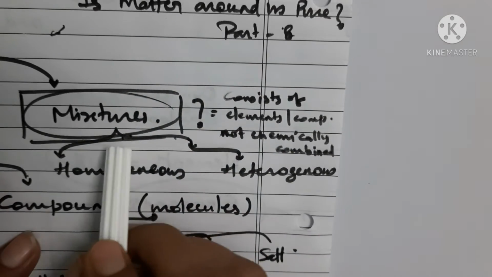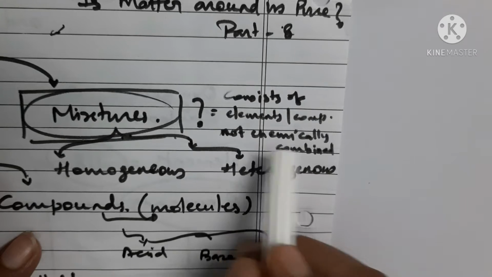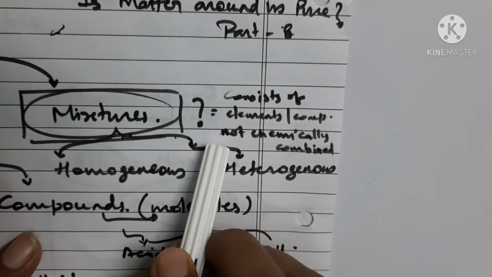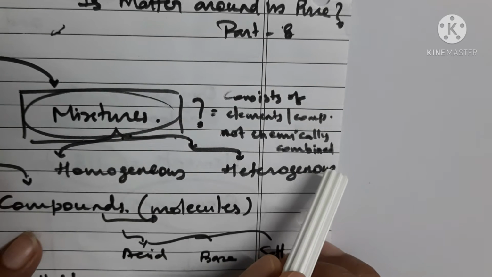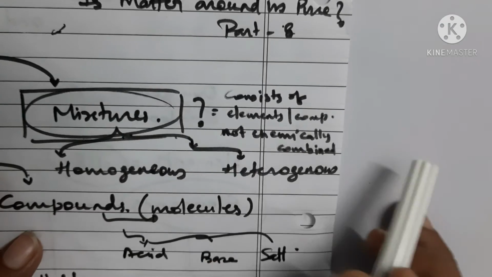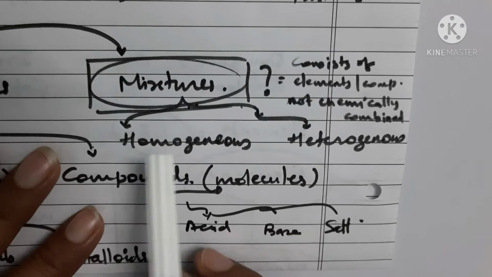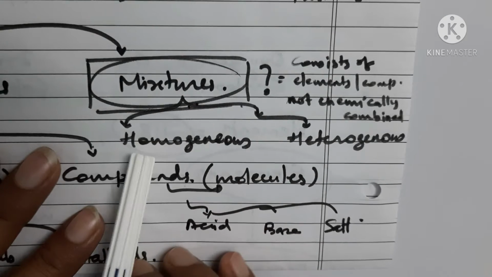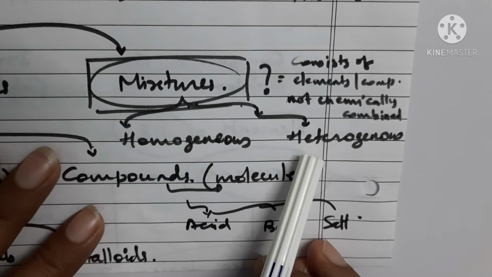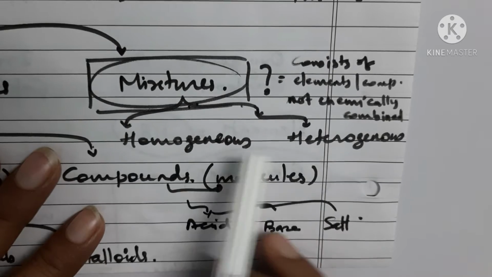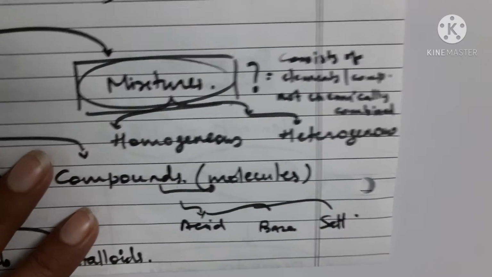But in the case of mixtures, we don't have any fixed ratio, and they are not chemically combined together. Further, what we are going to see in this session is that mixtures are classified into two parts: homogeneous mixtures and heterogeneous mixtures. We have two categories of mixtures, homogeneous and heterogeneous.